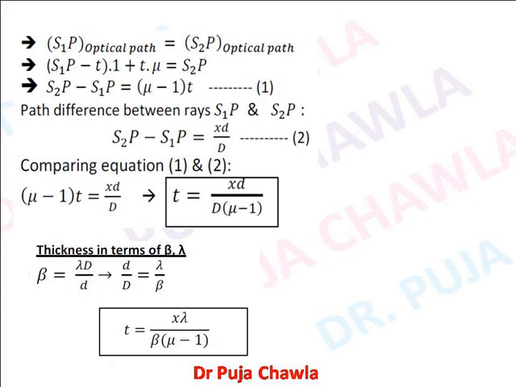Done. So this is the expression for the thickness of a thin film using the Fresnel Biprism experiment.